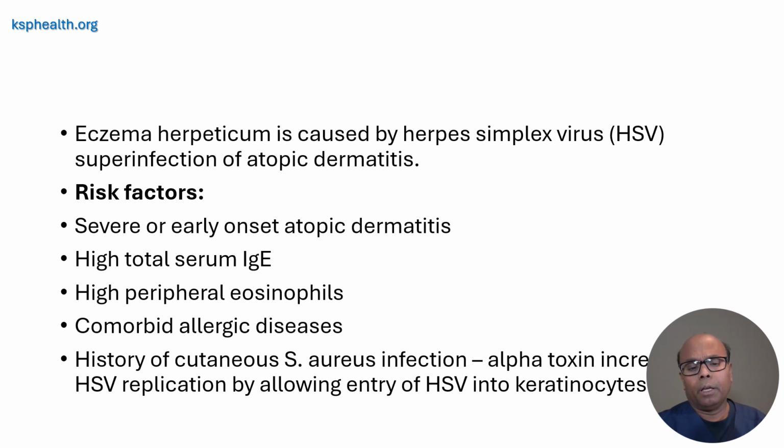Presence of or history of cutaneous Staph aureus infection predisposes to get HSV infection more than those who do not have. The alpha-toxin released by Staph aureus increases the likelihood of HSV replication by allowing entry of HSV into keratinocytes.